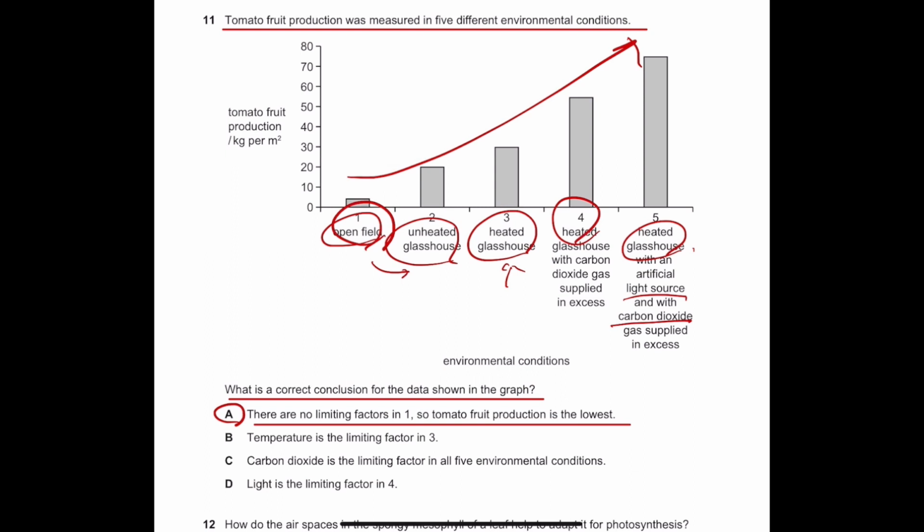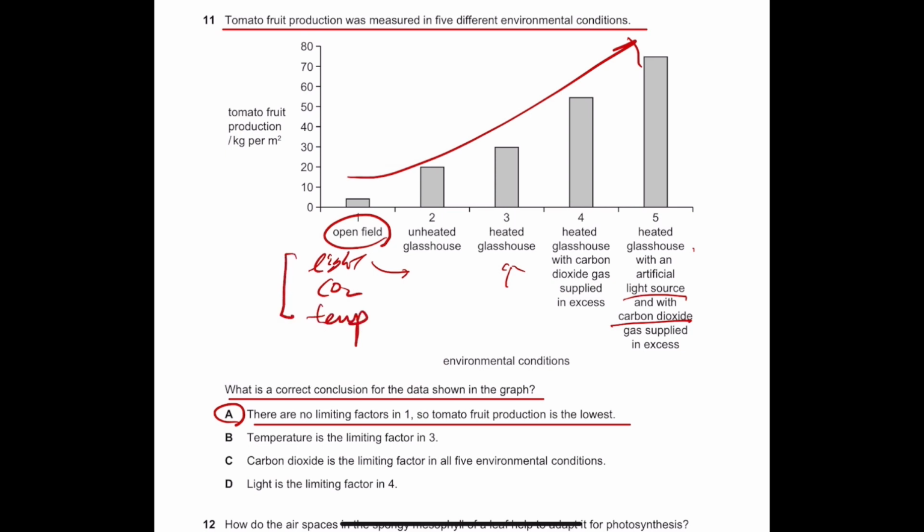Or it's an open field with no light, of course. There's no carbon dioxide supplied in excess, and there's no measurement of temperature. So all of these affect the photosynthesis of the tomato fruit.